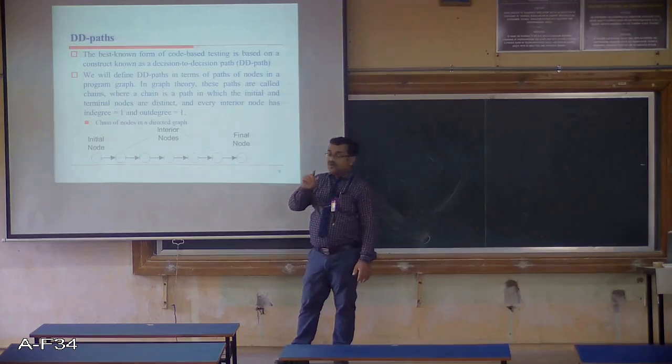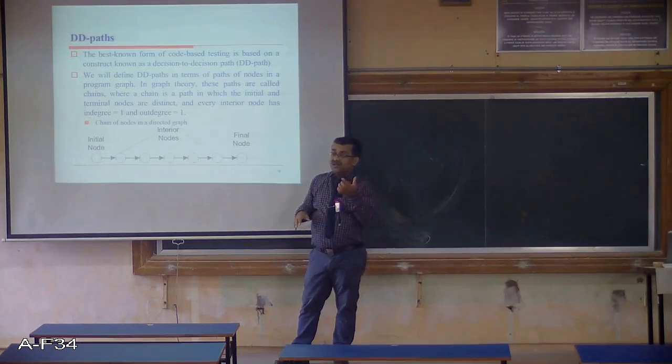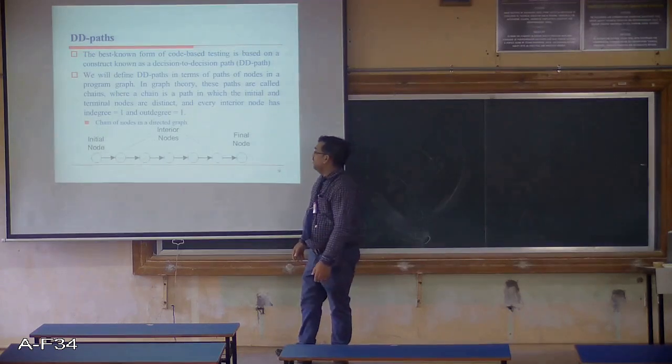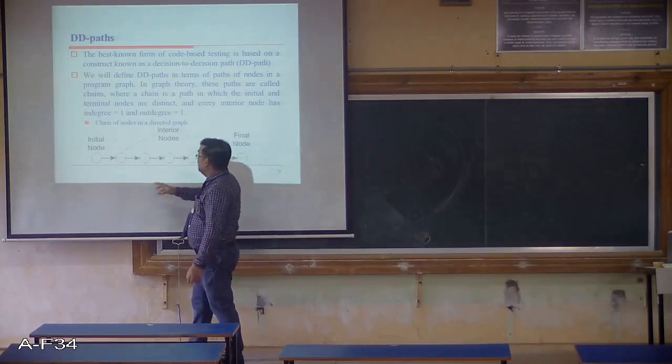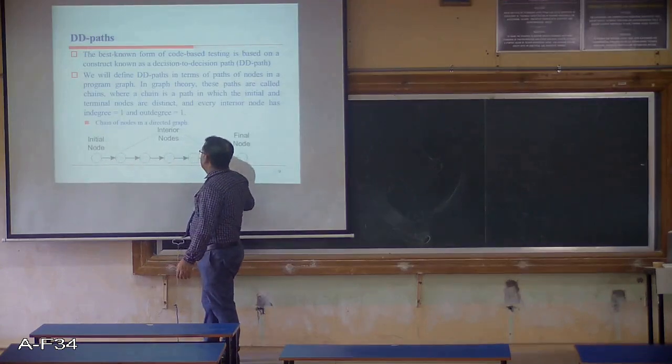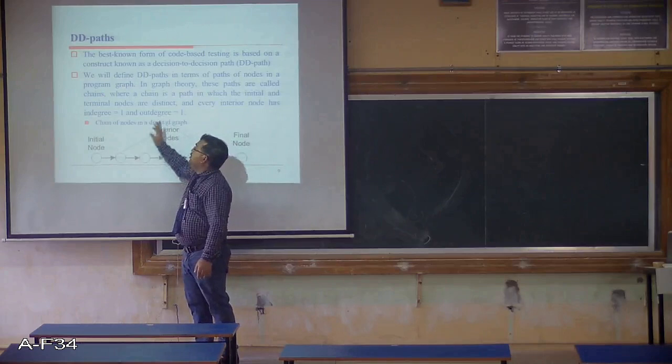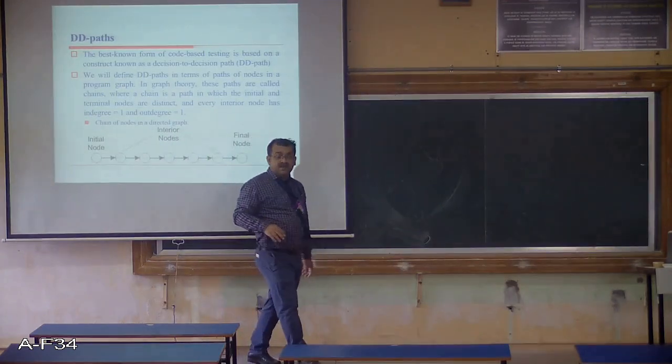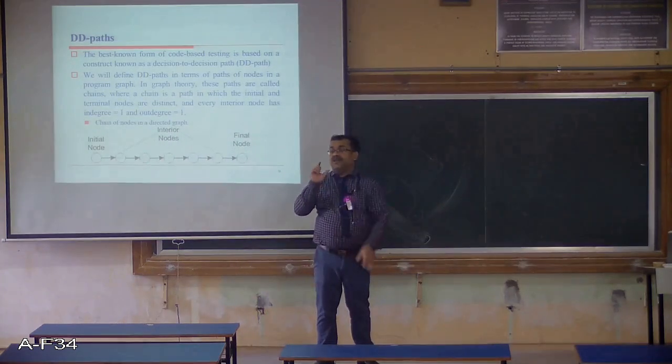So for one particular node, one single input and one single output means one DD path. When we have such a sequence of nodes, from the initial node to the ending node, with interior nodes in sequence having the same structure, in degree 1 and out degree 1, we can club them and make them one node.